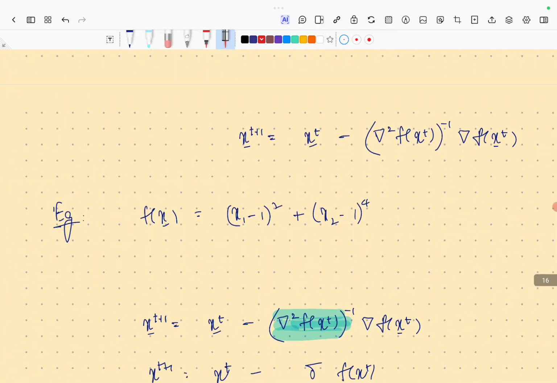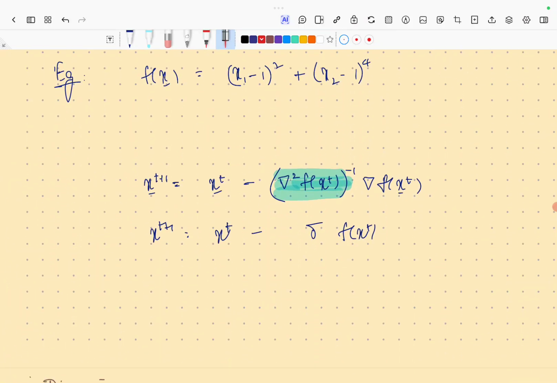And using this, we derived the so-called Newton's method, wherein x_{t+1} is x_t minus the Hessian inverse times the gradient of f of x_t. So it's as though you took gradient descent and replaced the step size, and of course it's not just the step size, but you also have some kind of a transformation. All right, so this is in general going to be some linear transformation.